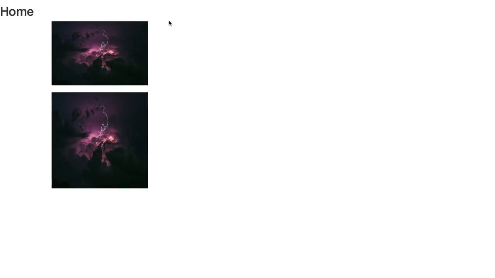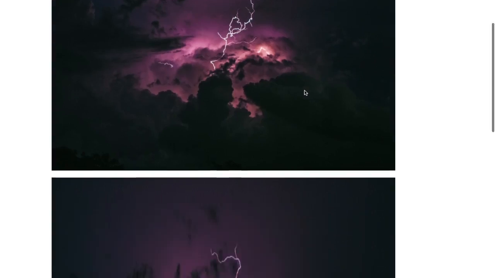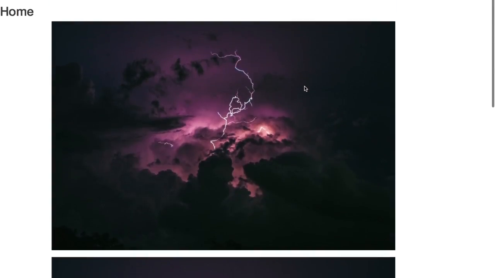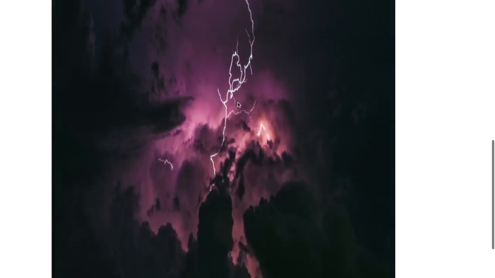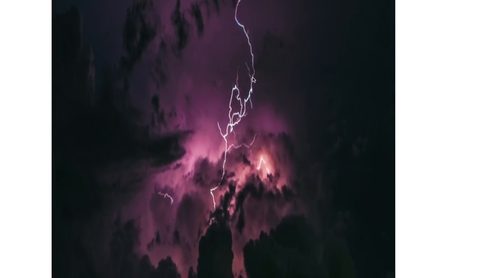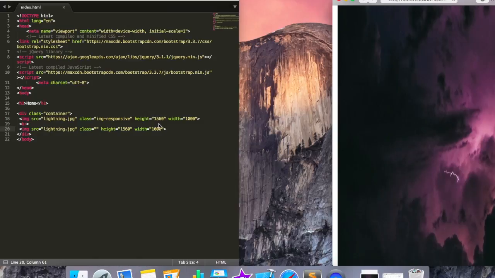And then I'm going to refresh this. Alright, this should work much better. So now I have two images. This one's a responsive image. This one is not responsive. Oh, darn. I needed to make the width 1560. So make sure the width is always more than the height. Well, unless you have a portrait, but most of the time the width will be more than the height.